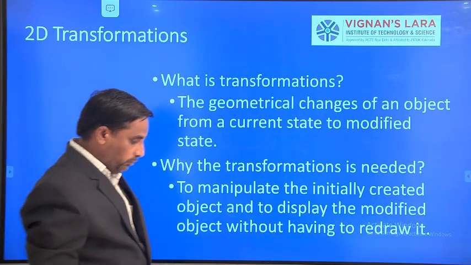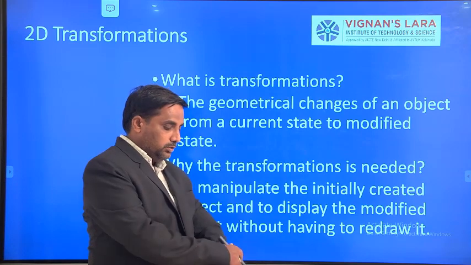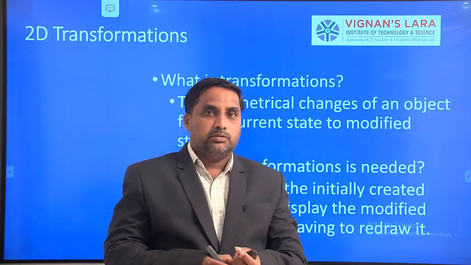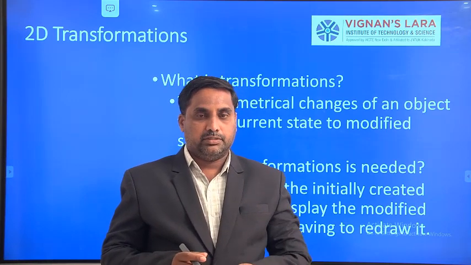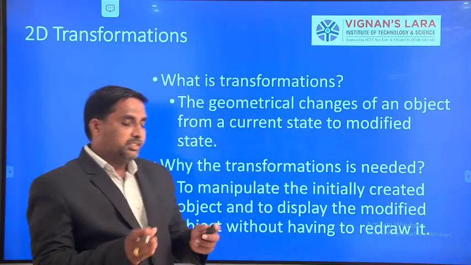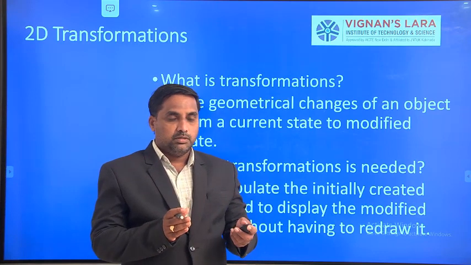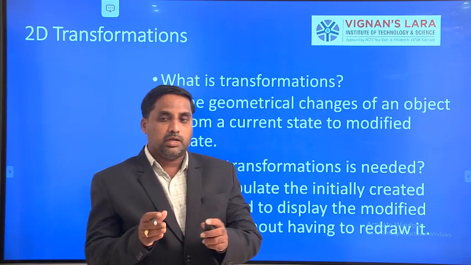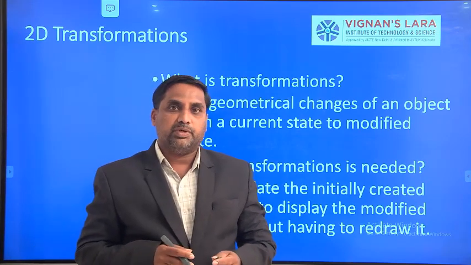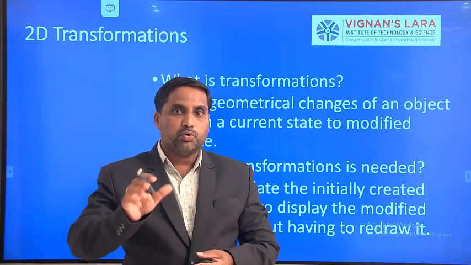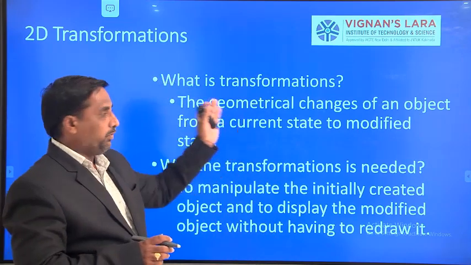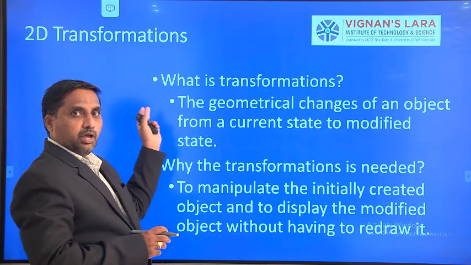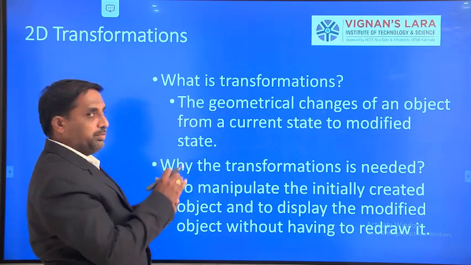So first, what is a transformation? So far we have learned about the different image generation techniques, which means the image is generated on the screen. Then that image may not be what the customer or another person requires. Suppose you want to rotate it, move it from one location to another, mirror it, or enlarge or diminish it.